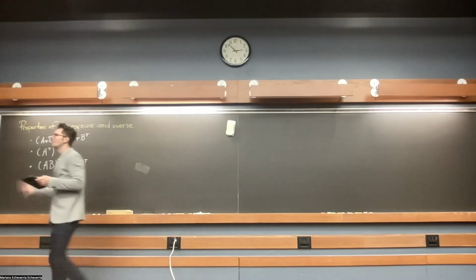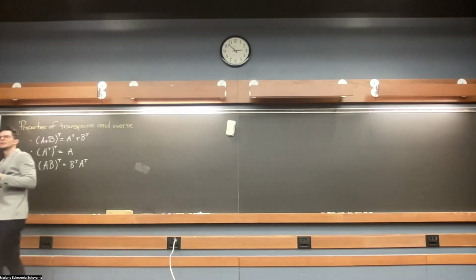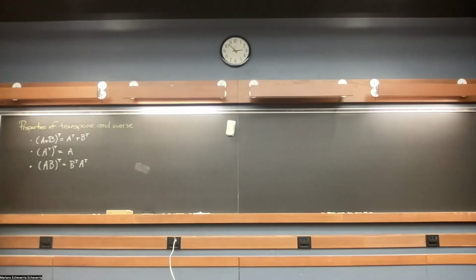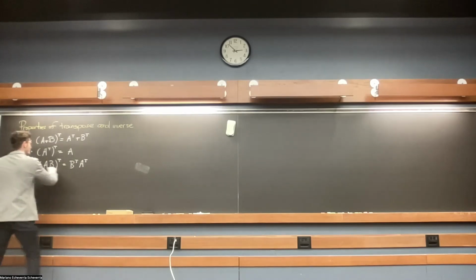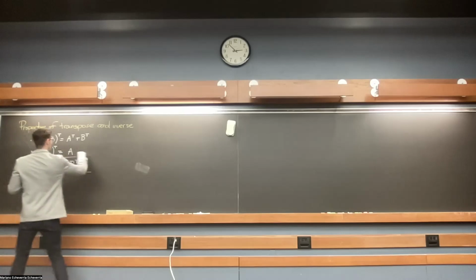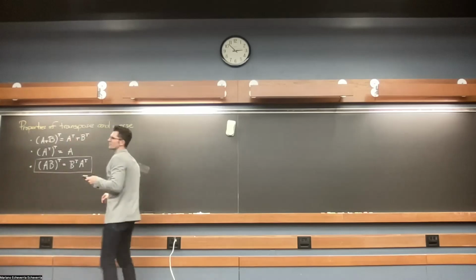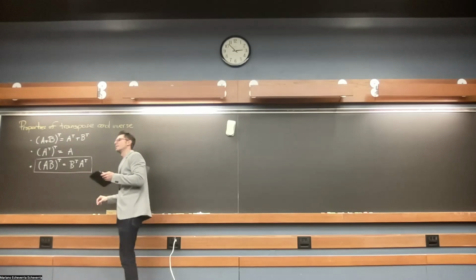The first two, even if I had not written them out, you would probably have written on your own, but this one maybe it's not so clear why that's the case.